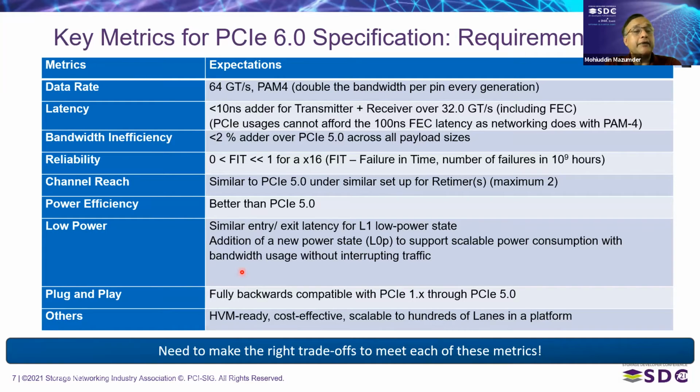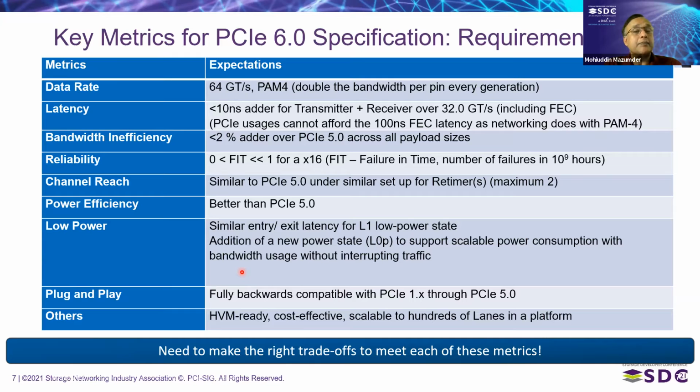Channel reach. If we want to keep the data center architecture and platform architecture similar and continue to leverage what we have, then we need to have channel reach similar to PCIe 5.0.